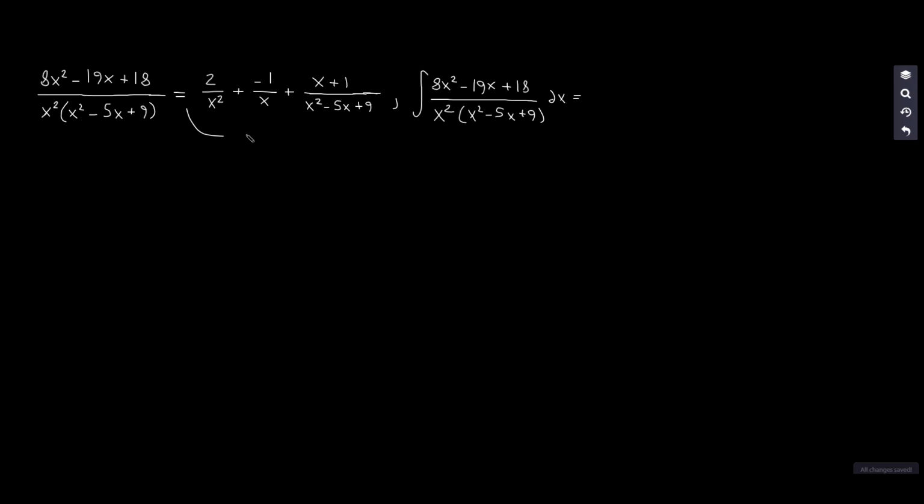Of course, this means that we can make all of these integrals within their own right. So we're going to have the indefinite integral of 2 over x squared integration with respect to x, minus, I'm factoring out that negative sign, the indefinite integral of 1 over x integration with respect to x, plus the indefinite integral of x plus 1 over x squared minus 5 times x plus 9 integration with respect to x.